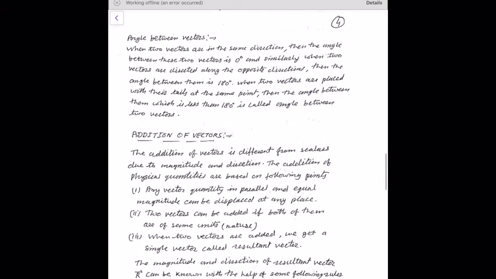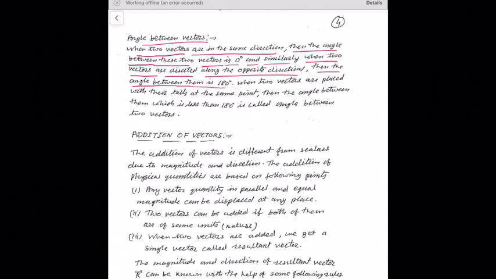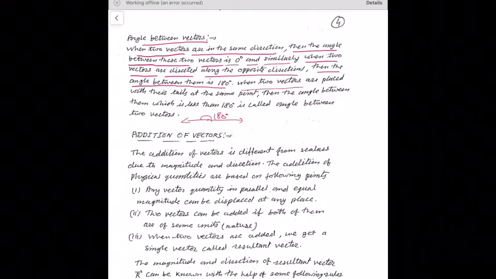Next, angle between vectors. When two vectors are in the same direction, then the angle between these two vectors is 0 degree. Similarly, when two vectors are directed along the opposite direction, then the angle between them is 180 degree.